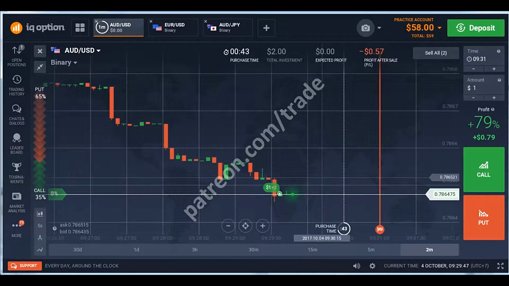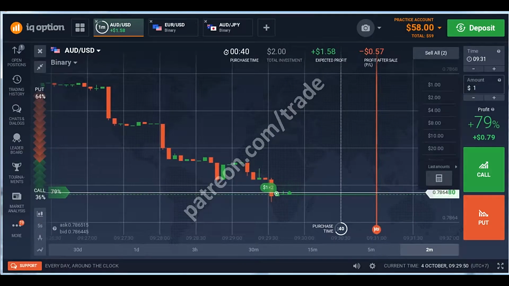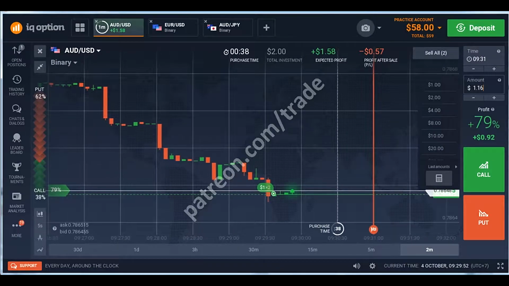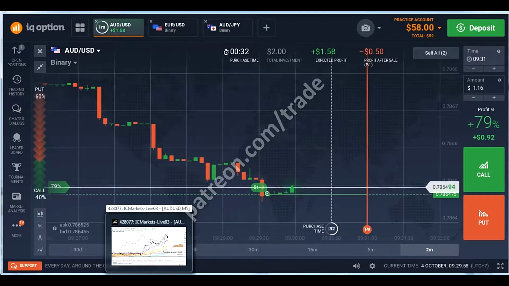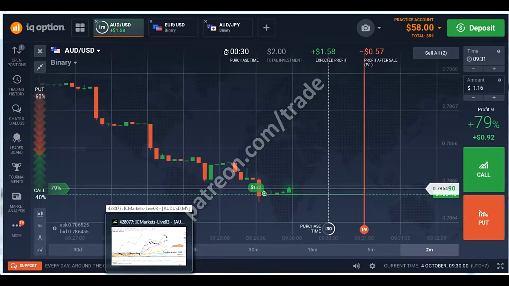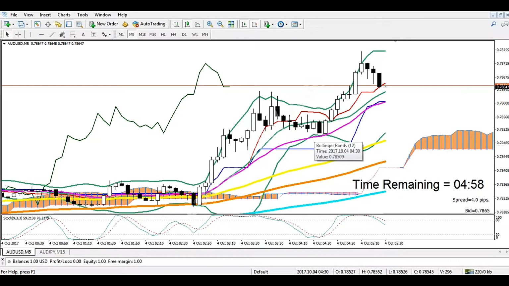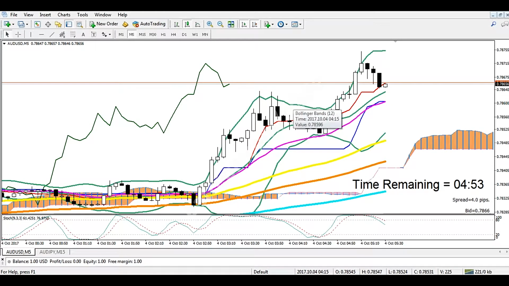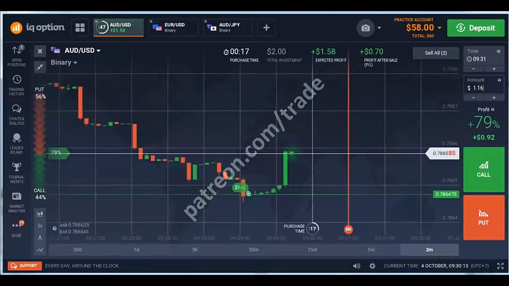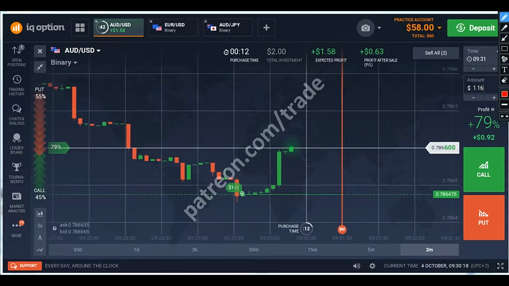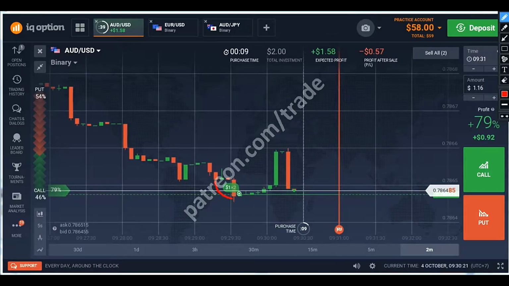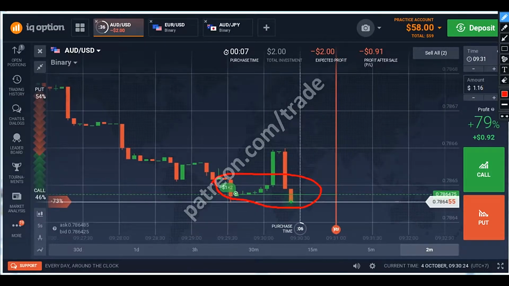Let's see if we can win this trade. Actually, I was supposed to enter this only once, not twice like this. They haven't touched this candle yet. You see how strongly they respond to the Tenkan-sen. They're trying to break the red line.